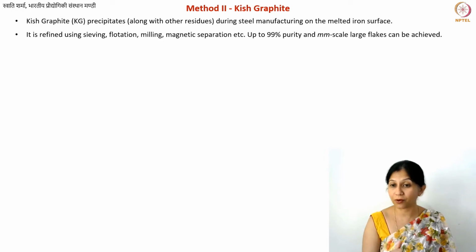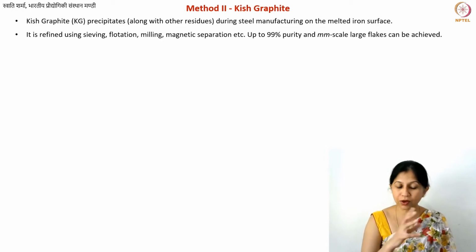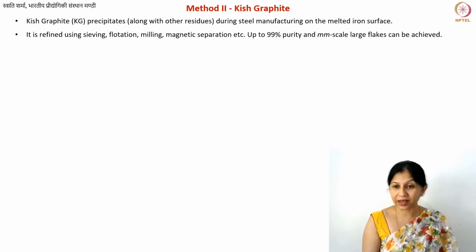So we'll do flotation, and afterwards we can also do a little bit of milling or powdering of the mixture beforehand. And then we'll also do magnetic separation, because this material came out of iron, right? It was a steel making byproduct, so it will have some iron, but that is very easy to remove, because you can always do magnetic separation to get rid of your iron.